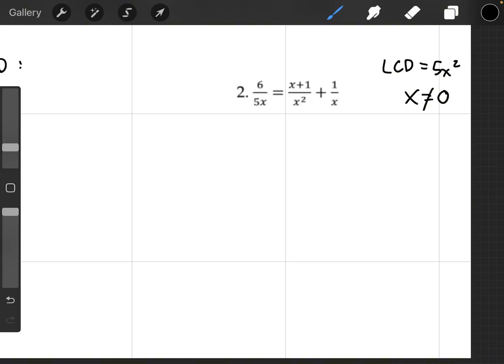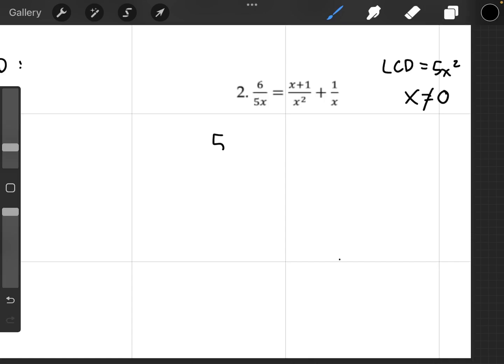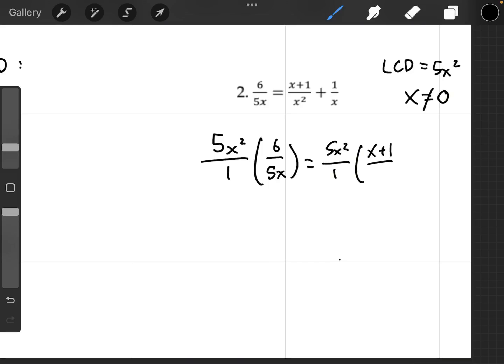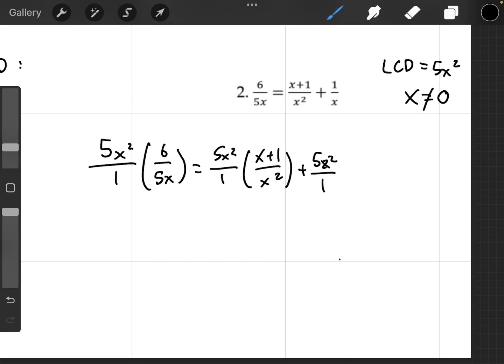Now that we found our least common denominator, we can multiply every term in this equation by that over 1. 5x squared over 1 multiplied by 6 over 5x is equal to 5x squared over 1 multiplied by x plus 1 over x squared plus 5x squared over 1 times 1 over x.